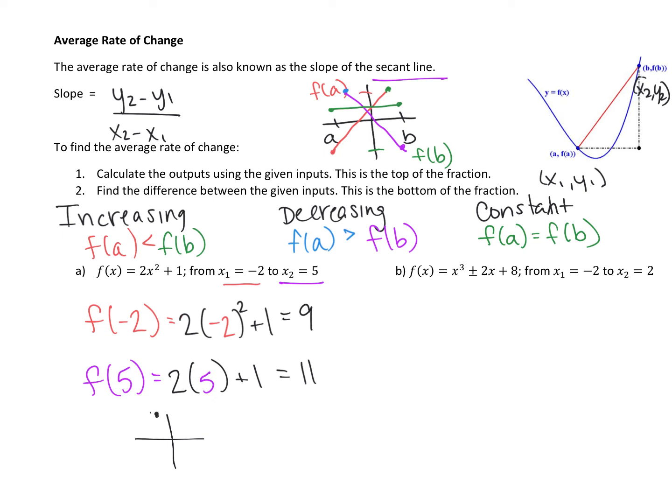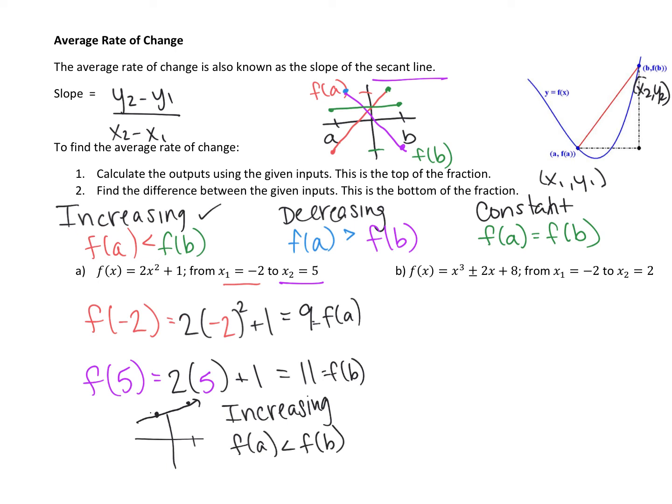And then we went to 5 on the x, and it ended up at 11, so it'll be something like this. So on that particular graph, we can tell that this function is increasing on that interval. You can also use the numbers which say, in this case, here is f of A, here is f of B. By definition, f of A is less than f of B, so the function is also increasing.